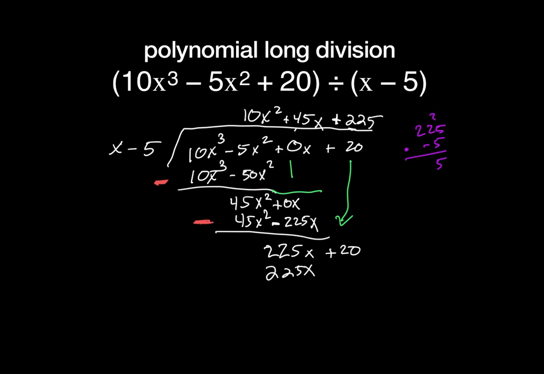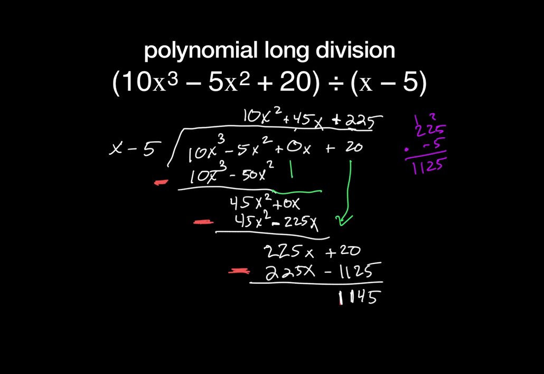So 25, 2, 10, 12, 2, carry the 1, 10, 11. There we go. Minus 1,125. Minus, which means this will be 20 minus a negative, which is plus a positive. So those will add up to 1,145. And that's my remainder.